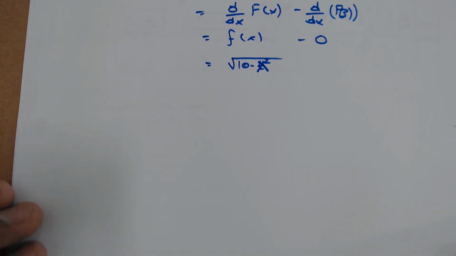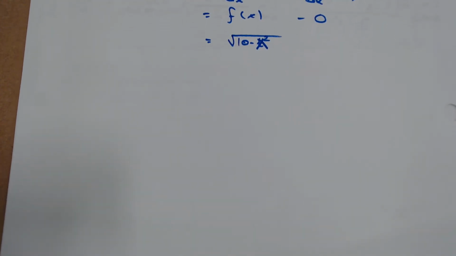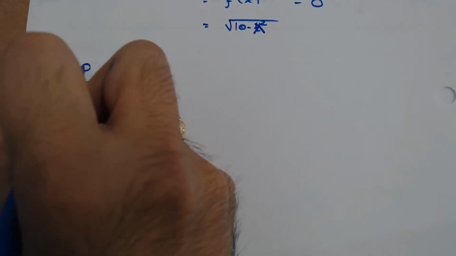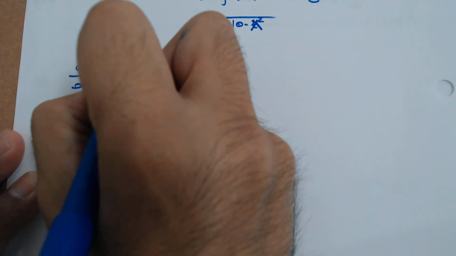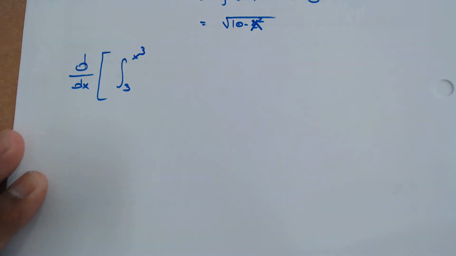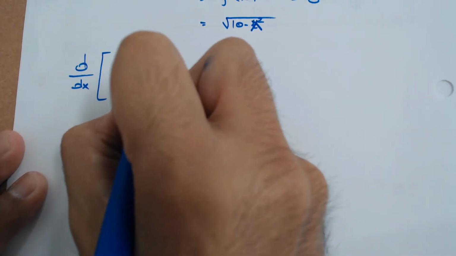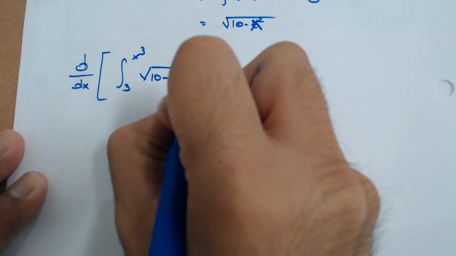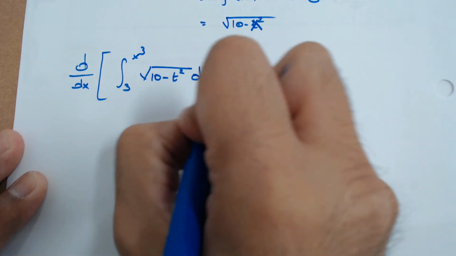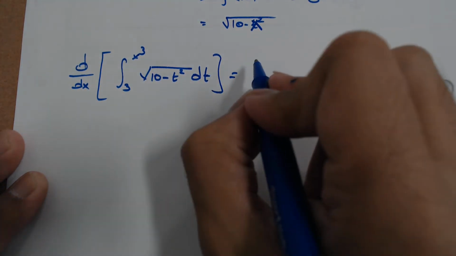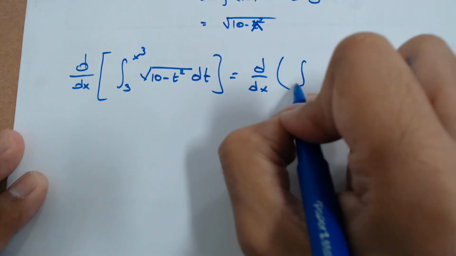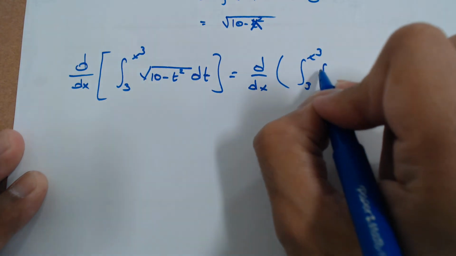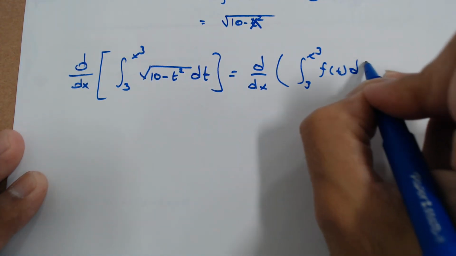Well, things get a little tricky when one of those limits is no longer just x. What if we have the same integral, and I think it's worth looking at these ones. Let's say I have an x cubed. Same integrand, 10 minus t squared dt. So again, we will integrate from 3 to x cubed some little f of t with respect to t.